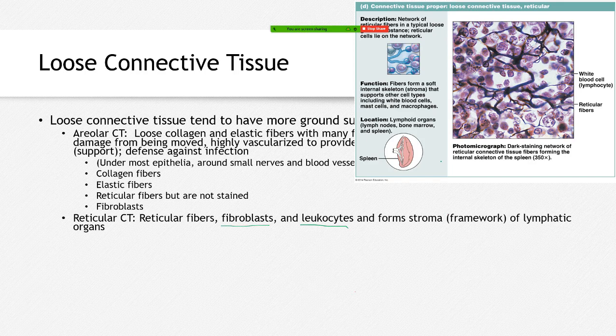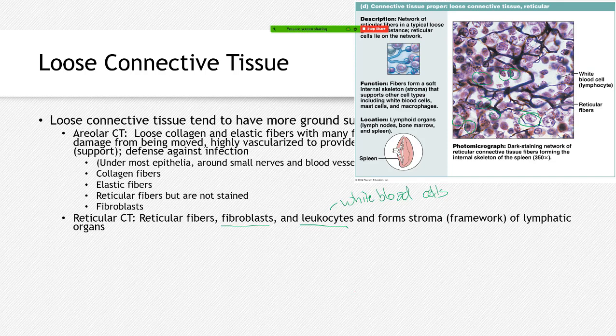Leukocytes, once again, are the white blood cells. And what we see here are the nuclei of both white blood cells and also fibroblasts. But since it's hard to distinguish one from the other, we're just going to assume that all these are white blood cells.